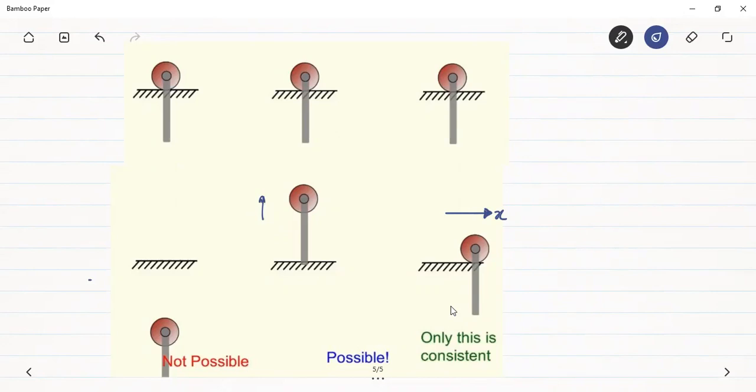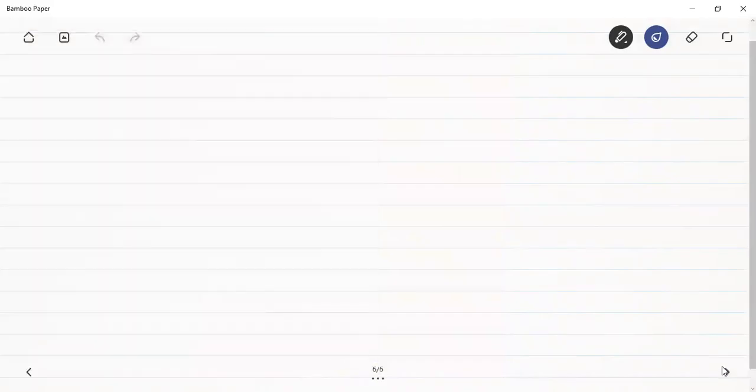But if you remember one example I had given, even if it is not consistent with the supports, we can still use the virtual work law. I will write one statement. The statement is mentioned in the Beer-Johnston book.